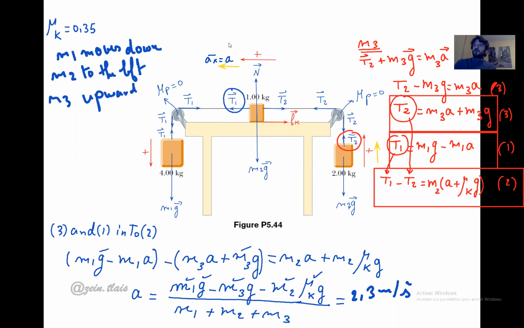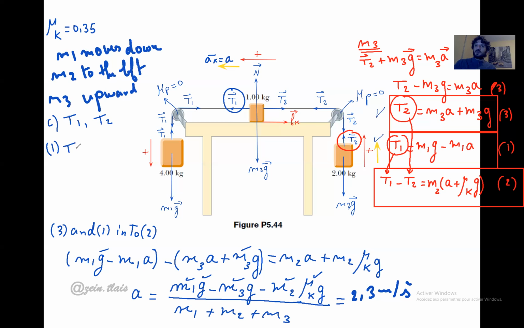Okay, now I want to calculate the tension. To calculate the tension, we can substitute the value of A in equation 1 and equation 3 to calculate T1 and T2. So in part C, we have to calculate T1 and T2. We can take equation 1.